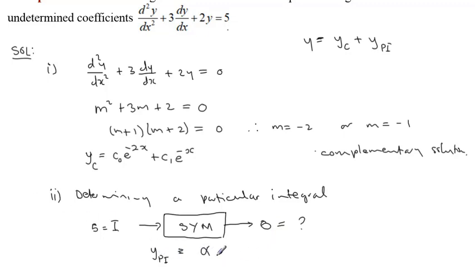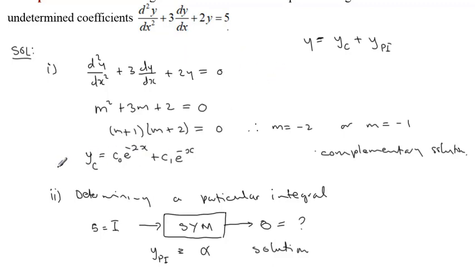Now the claim is that this alpha is a solution, because we say the output is the solution. So if this is the solution, this particular integral must satisfy this non-homogeneous equation. By satisfying, what do I mean? I mean that if I plug alpha here and there, differentiate once and differentiate again to get the second derivative, this equation must balance.